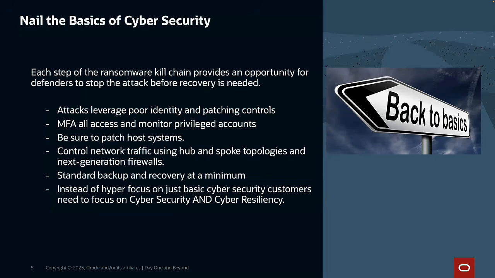These next-gen firewalls are very good at being able to help you both control and inspect the traffic, and throw out alerts when something unexpected is going on. Again, keep your standard backup and recovery for operational purposes, because you've got to do that.